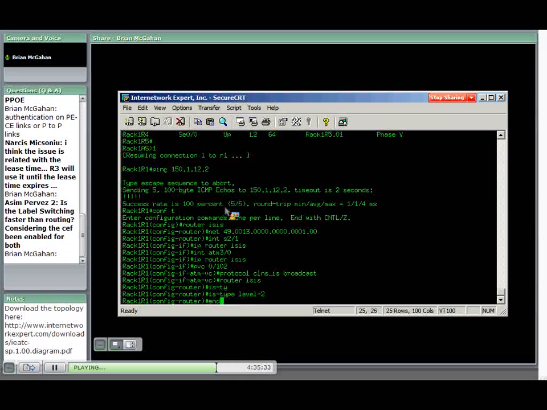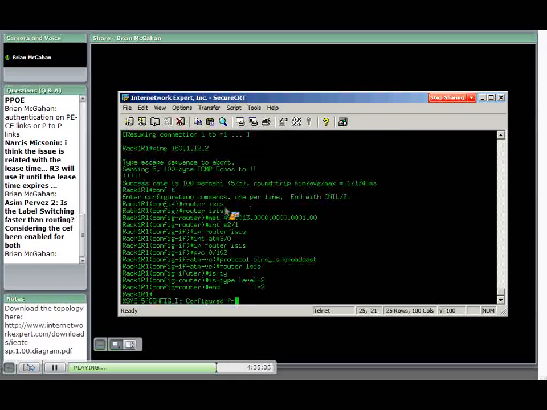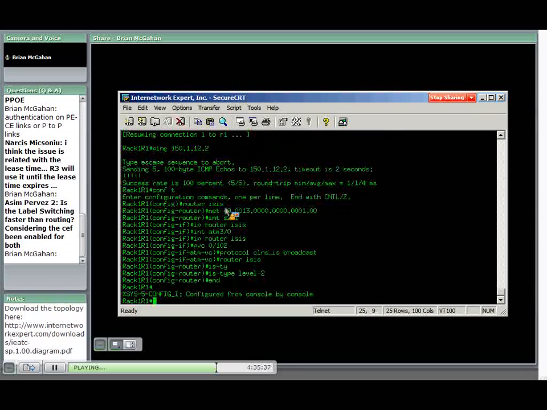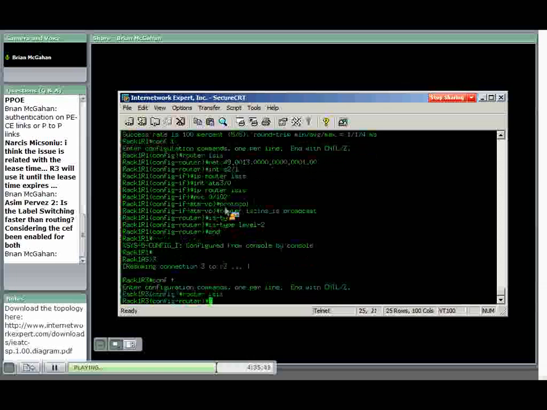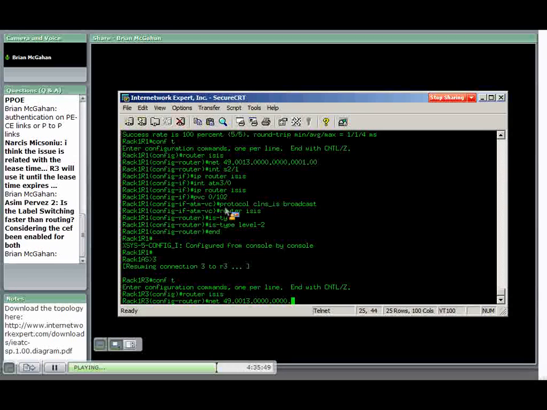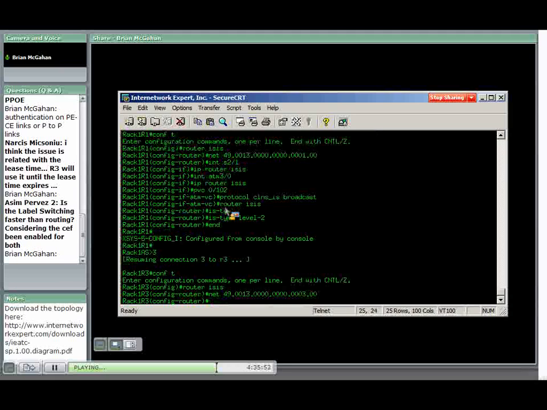Okay, if we go over to router 1, which is on the other side of the ATM cloud from router 2, it will run IS-IS, define the NET address, and on these interfaces, IP router isis.